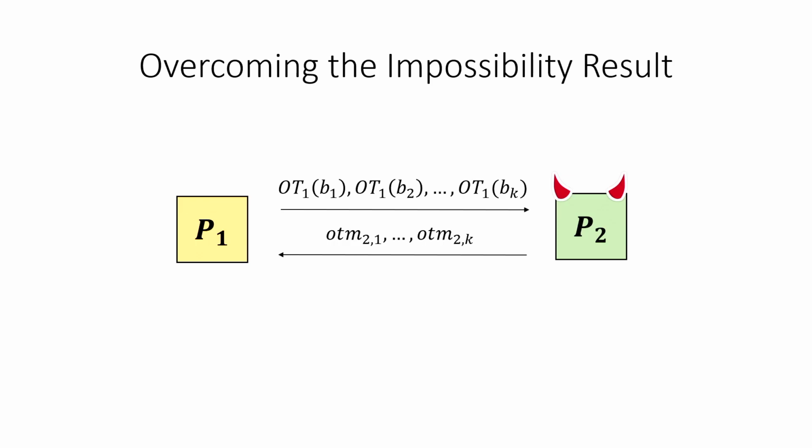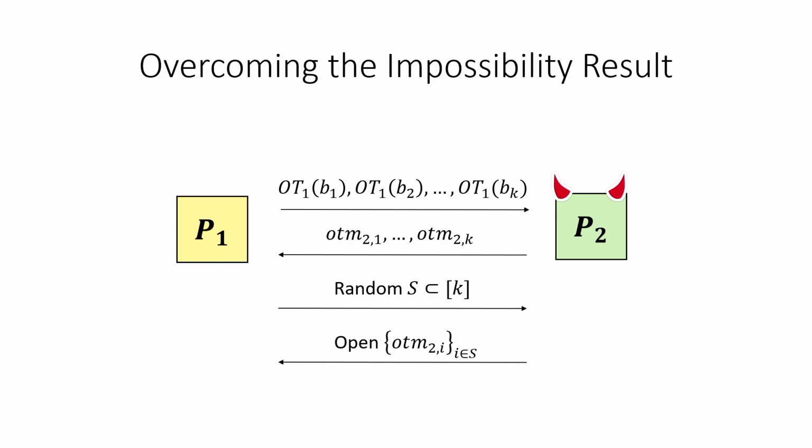So the sender first generates second round OT messages, K executions of this. After this, the receiver chooses a random subset S of the OT executions and sends this set to the sender. And the sender opens each of these OT messages corresponding to the set S. By opening, we mean that the sender reveals the input and randomness used in generating these second round messages.